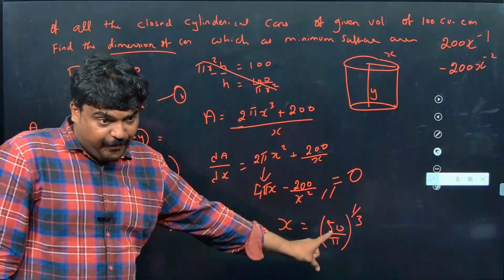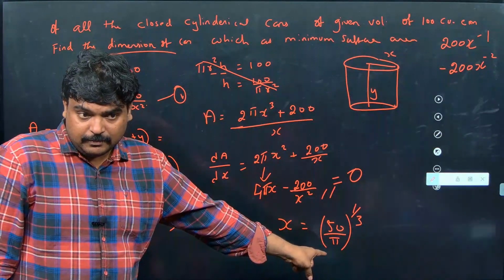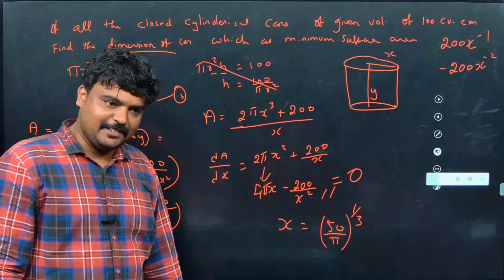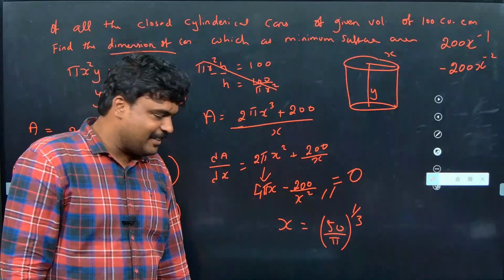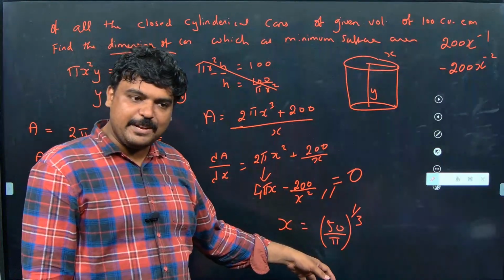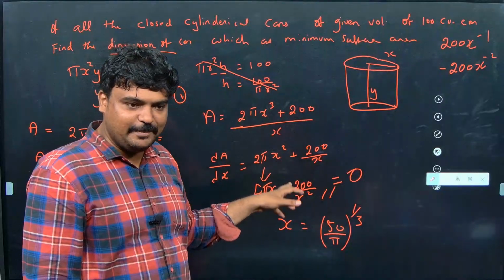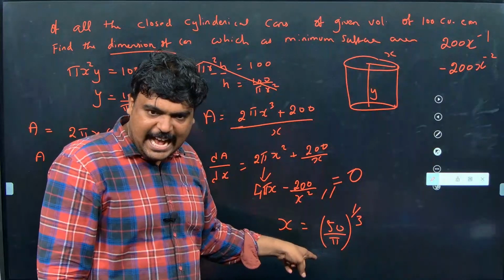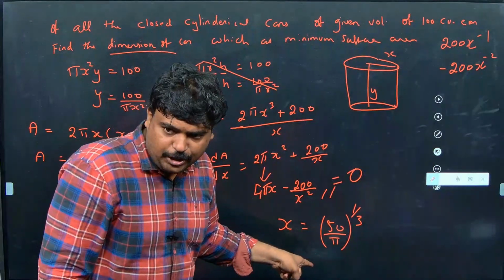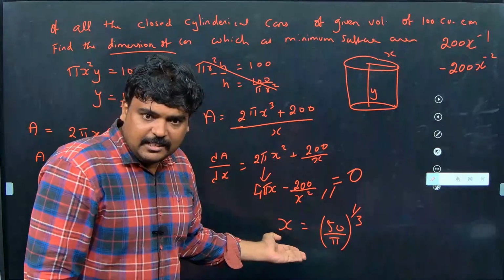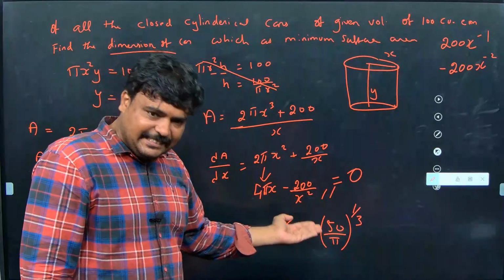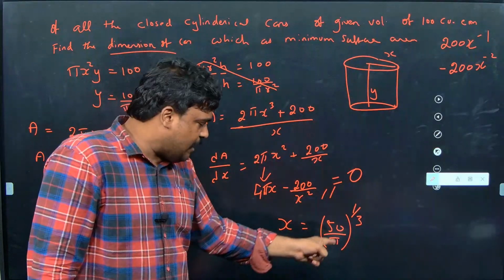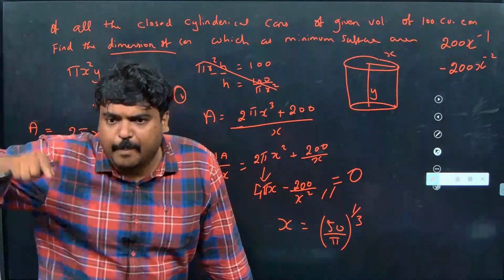Now, I want to confirm this is minimum. So I got the x value, and I want to prove that it is minimum. Before that, the second order derivative test: differentiate this once again and prove that while putting this x value I am getting a positive value.